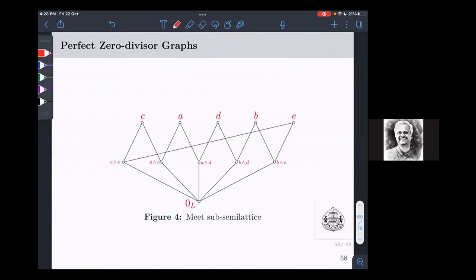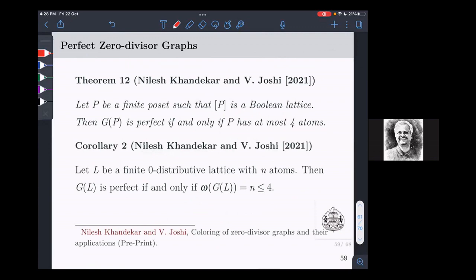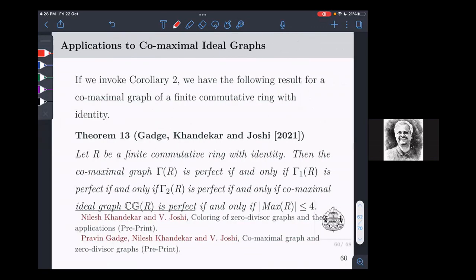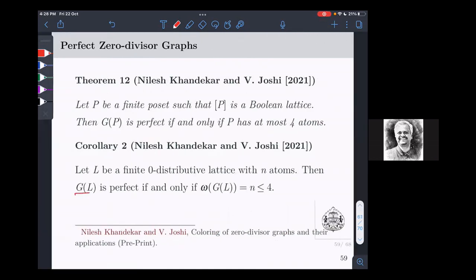Okay, so this lattice should not be there as a mixed subsimilarity. And interestingly, what we are able to prove is that the graph of L is perfect if and only if you have at most 4 atoms.